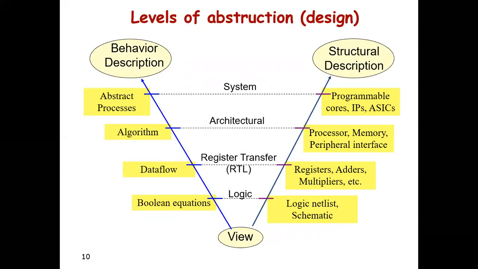So this is the level of abstraction in design. The behavioral description defines the abstract process, algorithm, data flow and Boolean equations.